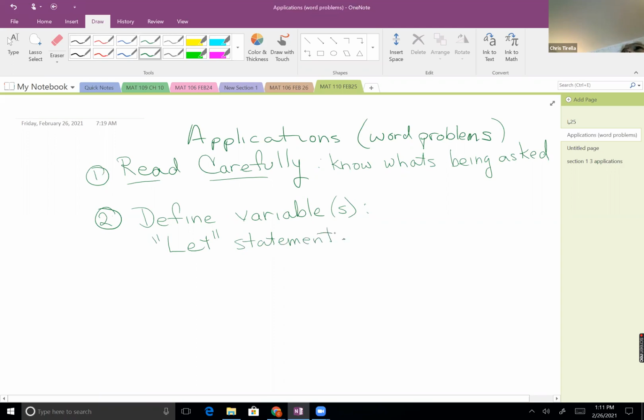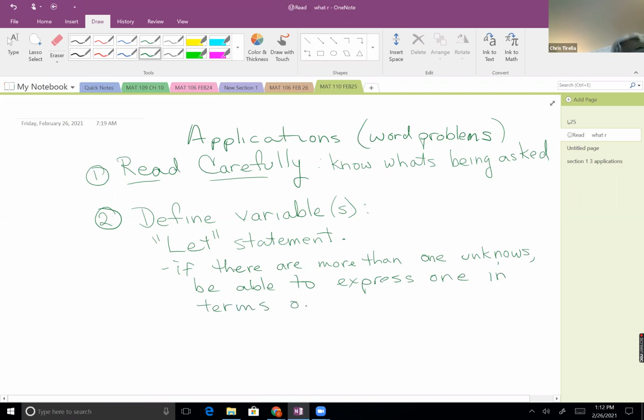And because right now we only know how to solve an equation with one variable, if there are more than one unknowns, we have to be able to express one in terms of the others. And we'll look at examples that involve that in a minute.